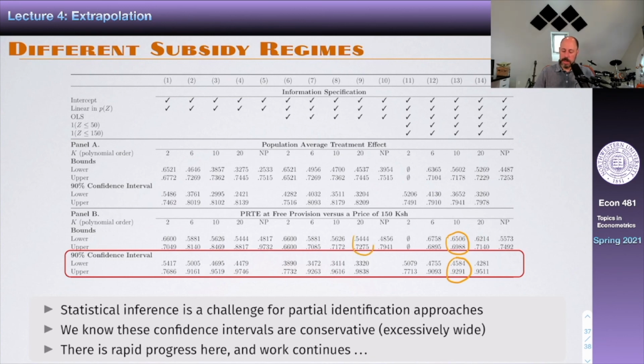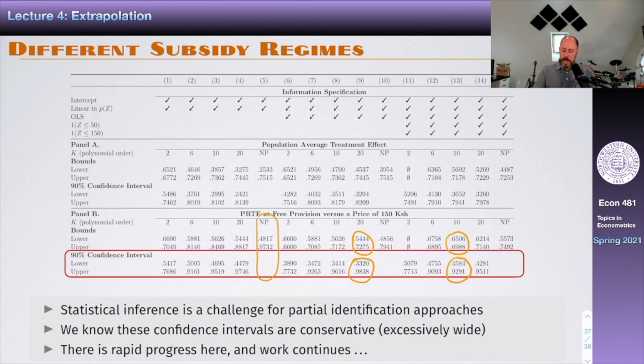Okay. So here's another example. And at this point, I don't remember why they don't report for the non-parametric case, probably because the theory didn't work. I apologize, I don't remember why that's the case. So I wrote here, statistical inference is a challenge for partial identification approaches, linear programs in general.